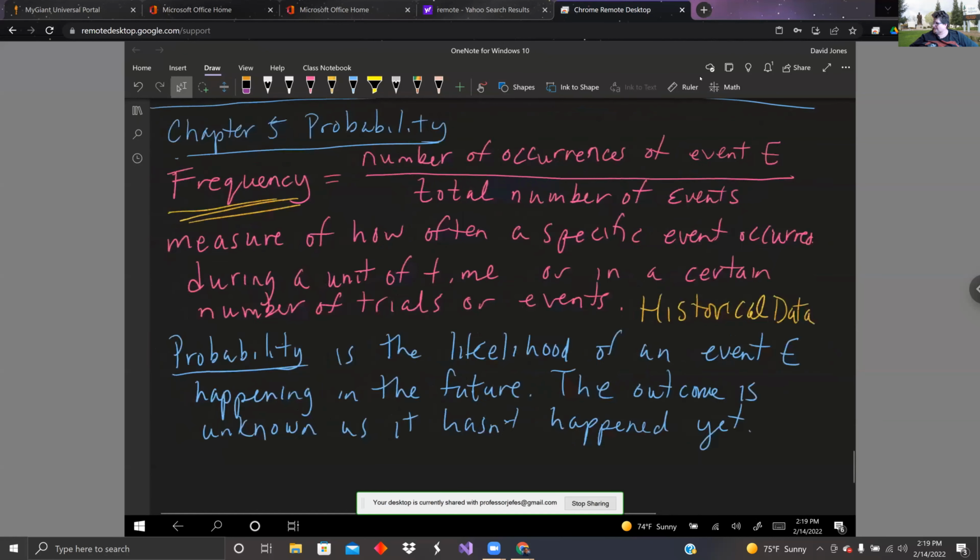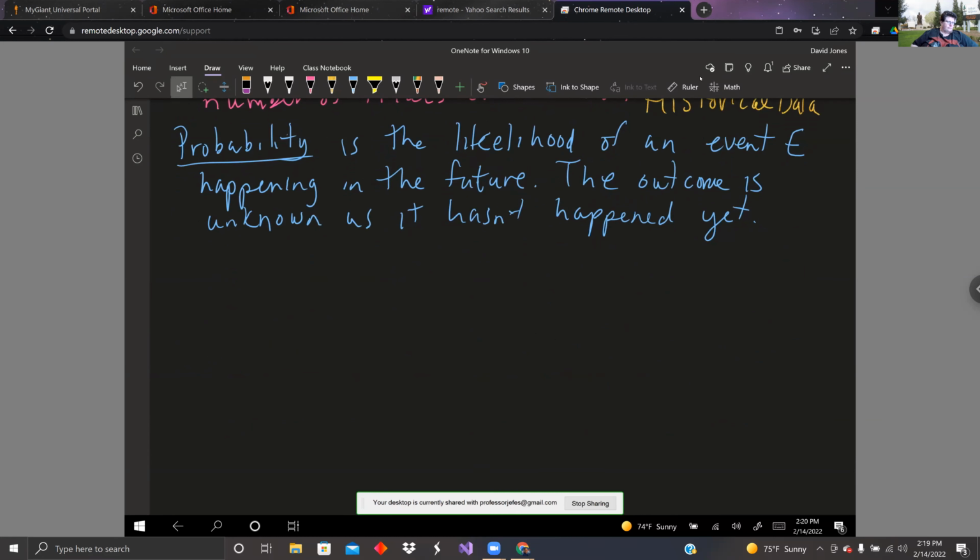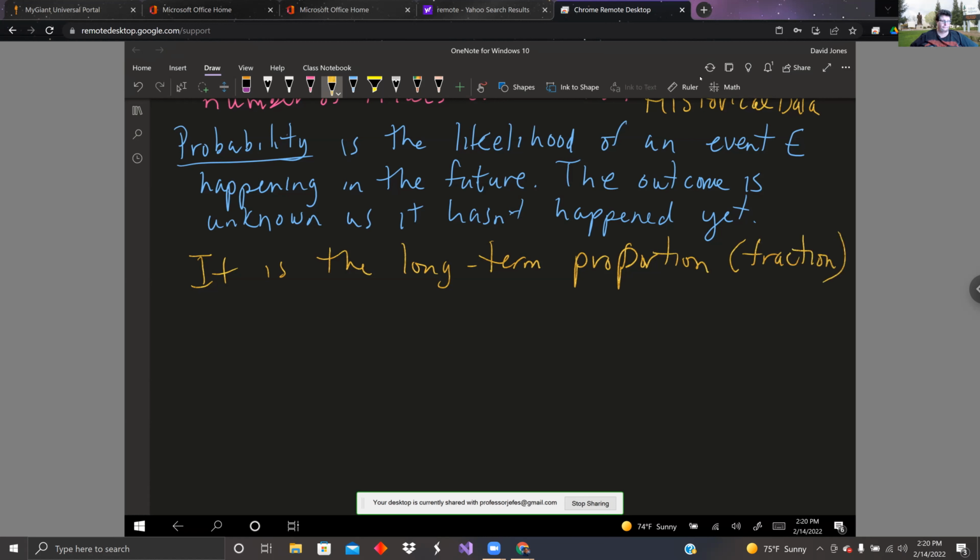Another way of putting this, it's the long-term proportion, and proportion is just like a fraction or a decimal, like we had with frequency, in which a certain outcome happens, in situations with short-term uncertainty.